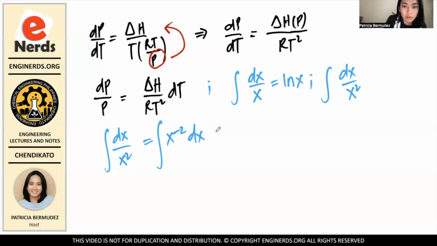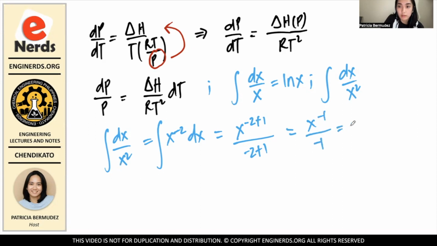So it will become x raised to negative 2 plus 1 over negative 2 plus 1. So x raised to negative 2 plus 1 is negative 1, over negative 1. Simplifying that, it will be negative x raised to negative 1. Okay, so taking the reciprocal, it will be negative 1 over x.